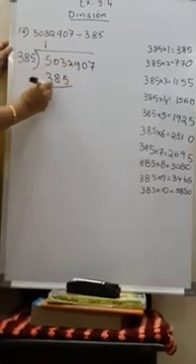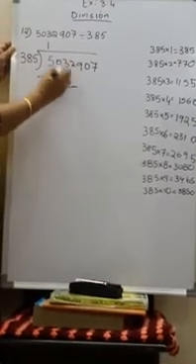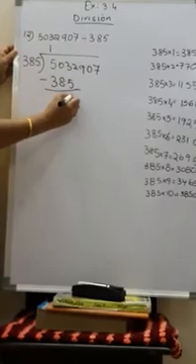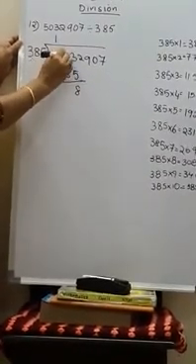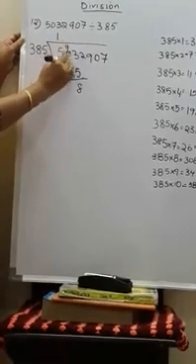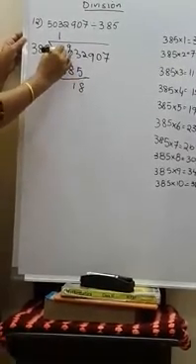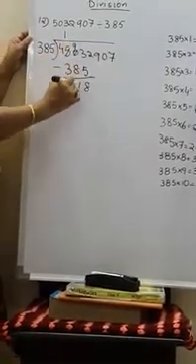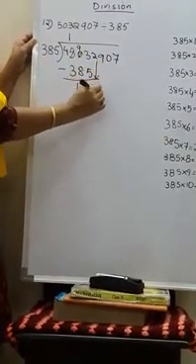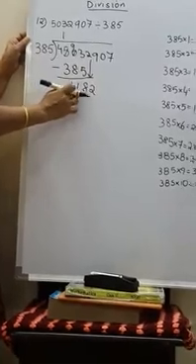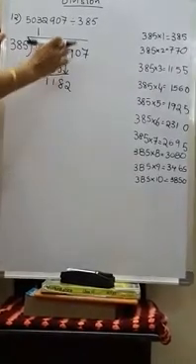Clear, children? Done. Subtraction. 13 minus 5 is 8. You are borrowing, so this will become 9. 9 minus 8 is 1. This will become 4. 4 minus 3 is 1. 118. Now bring 2 down. 1182. Check this number in the table.